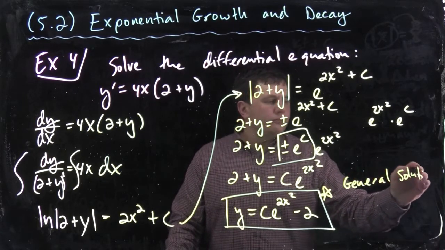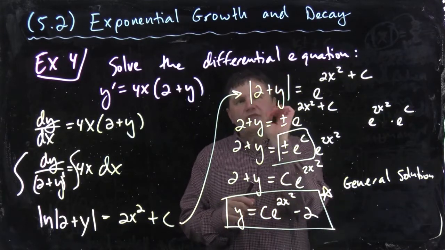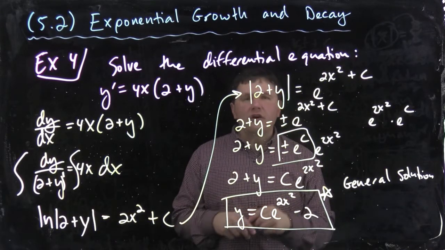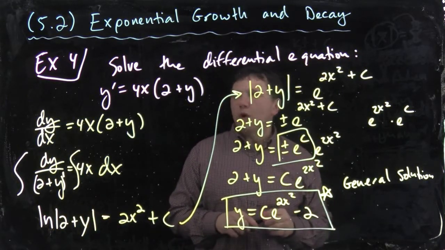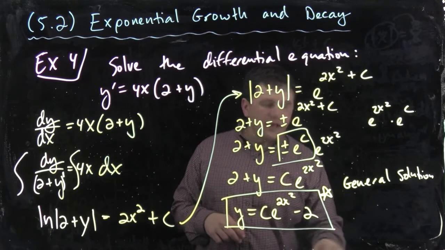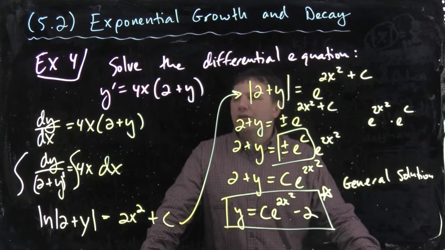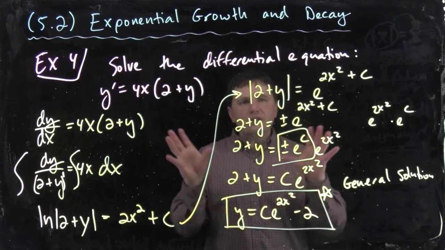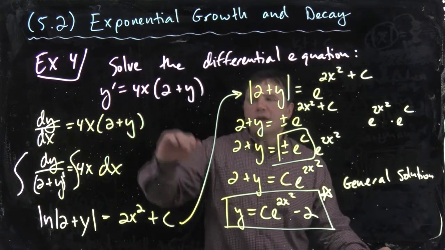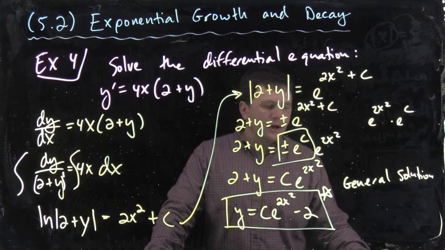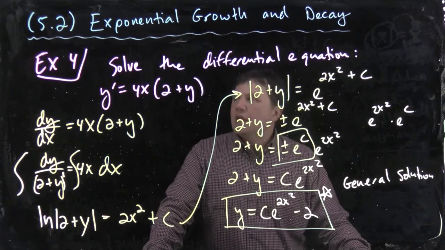Getting into later sections, we're going to be solving for C. Once I give you a point, we can solve for C, finding the solution particular to that point. So that is section 5.2, exponential growth and decay. A lot of non-calculus, but keep in mind, the reason why we're doing this is it all comes back to the differential equation where the rate of change is directly proportional to the amount of the output, the dependent variable.